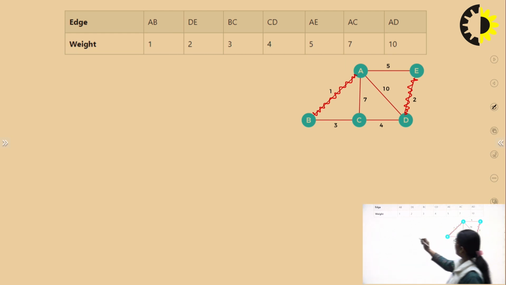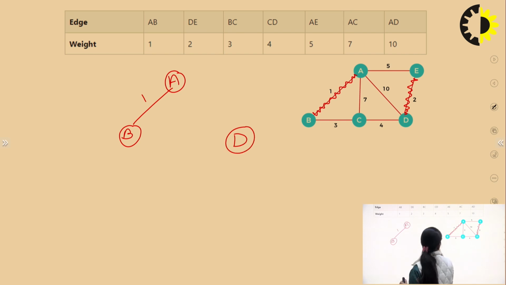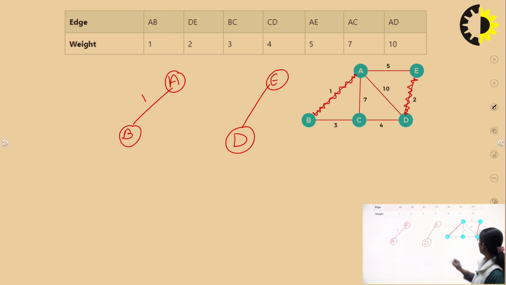Here are the two vertices A and B with weight 1, and this is D and E. So in this situation, there are 2 individual disconnected trees, or graphs. That's why I am saying Kruskal follows the rule of a forest. This is a forest situation.